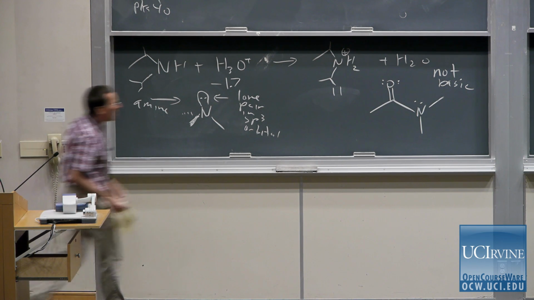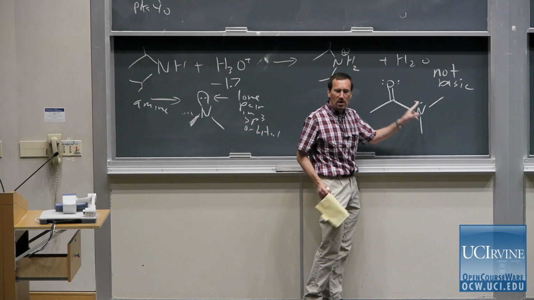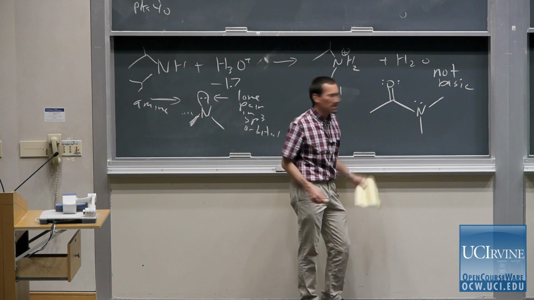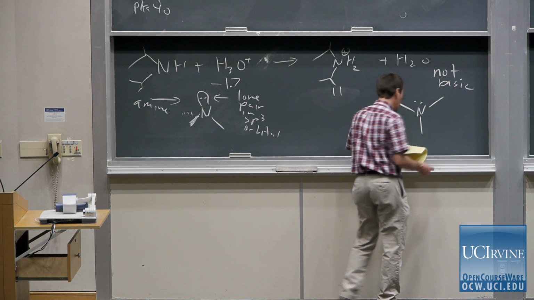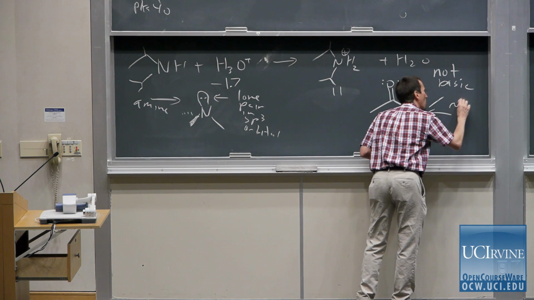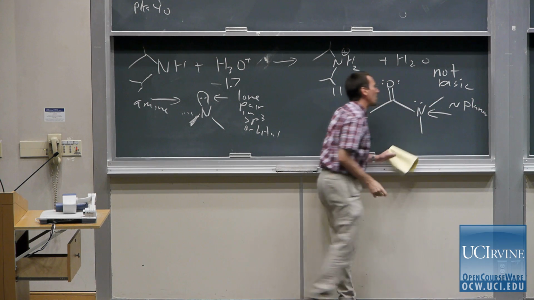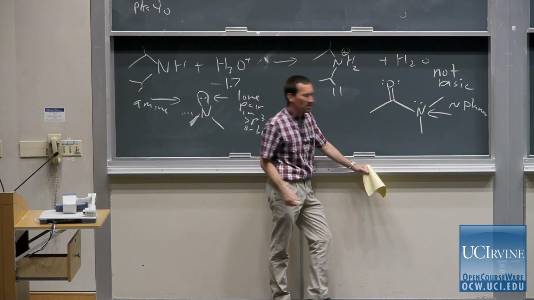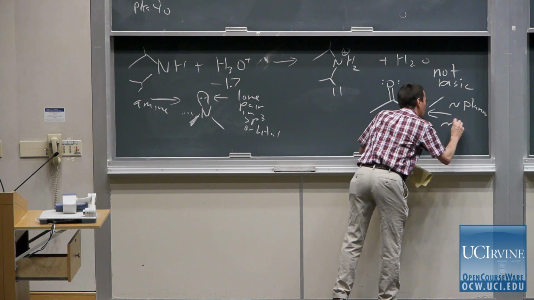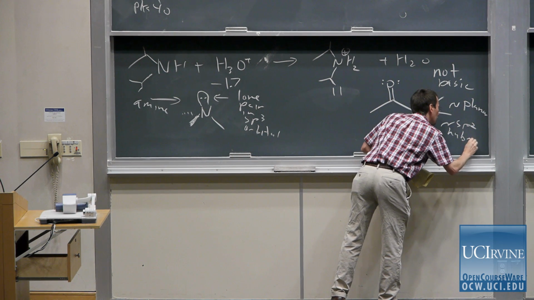And in fact, because you have a good degree of double bond character, for all intents and purposes, your lone pair really is more like sp2 hybridized, and your nitrogen is almost planar. I'll say little tilde, approximately planar. Just think of it as planar, and think of it as approximately sp2 hybridized.